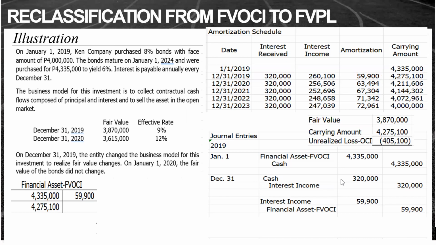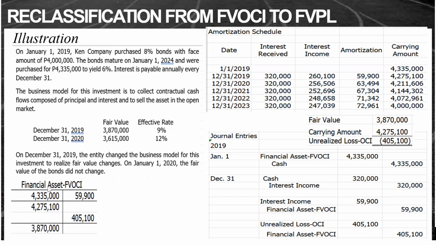So we compare 3,870,000 with the carrying amount of 4,275,100. So there is an unrealized loss OCI amounting to 405,100. To record that, you just debit unrealized loss OCI, 405,100, and credit financial asset FVOCI, 405,100.